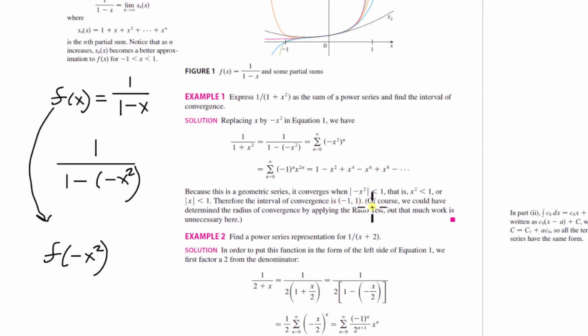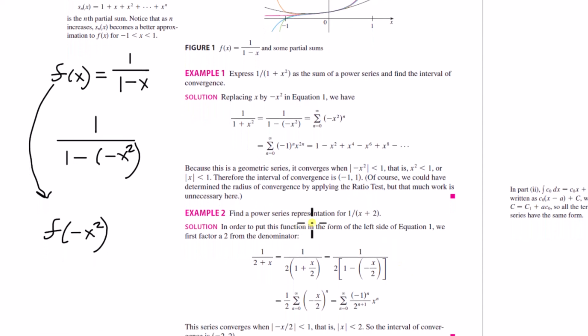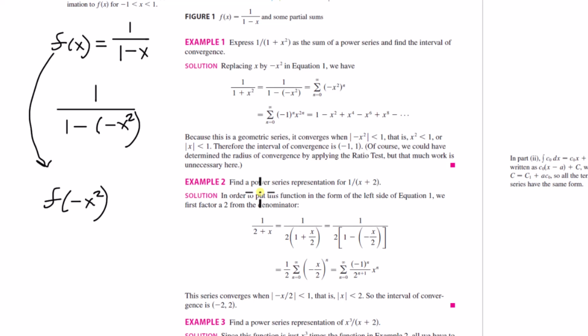You could test a geometric series with the ratio test, and that would work. But if you can see it's a geometric series, you don't need to, because we already know how to analyze a geometric series. Just take the absolute value of the common ratio needs to be less than 1. Okay. Find a power series representation for 1 over x plus 2. So again, we know what this is as a power series.